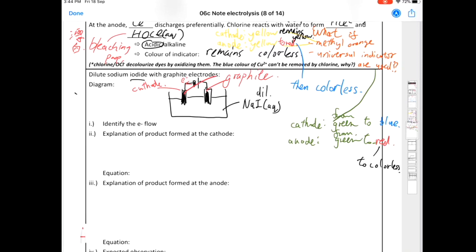What happened on this side? Reduction. Which species will undergo reduction? Hydrogen ion. It will absorb the 2 electrons and then form H2.